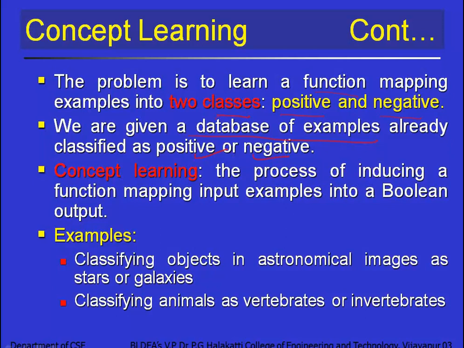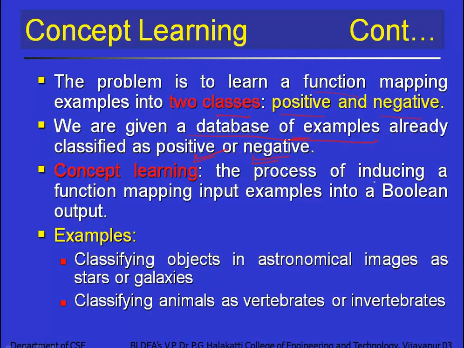As you know already from the first lecture, what do we mean by the training data set? The training data set is one which is labeled by the experts. Here also the database of examples is a training data set, because the data in the database are labeled by some experts as negative or positive examples.